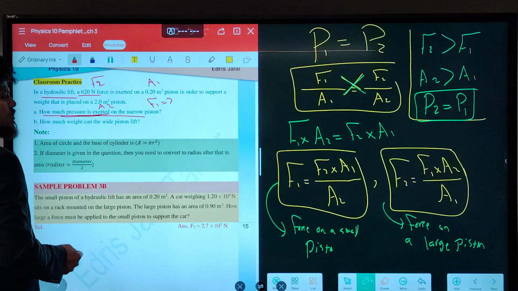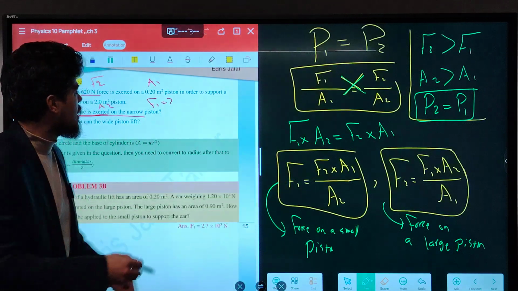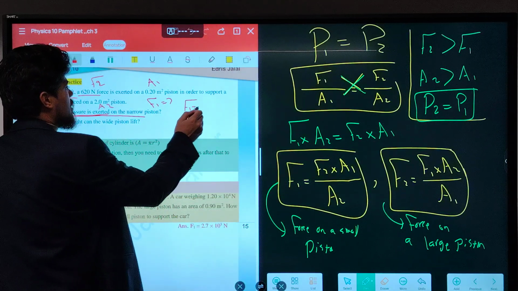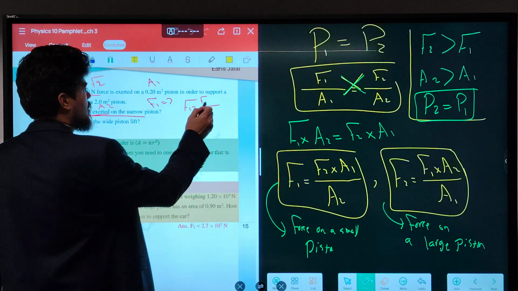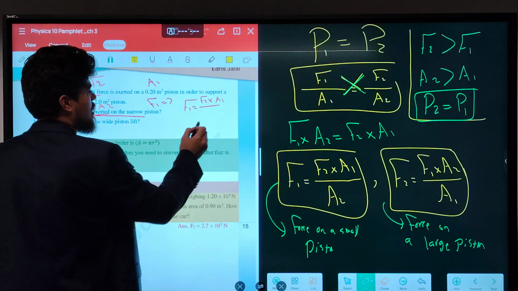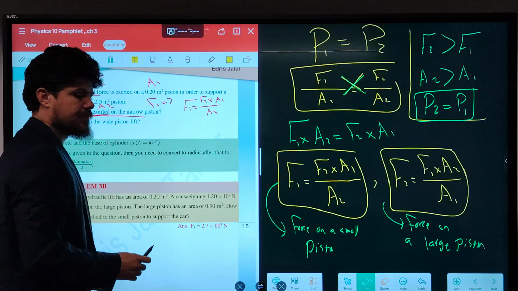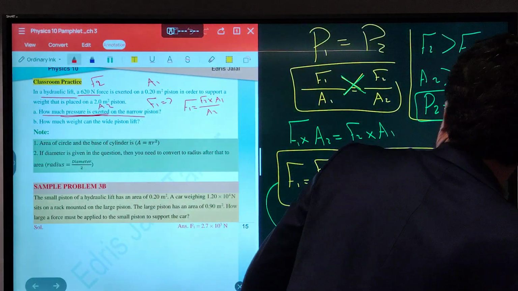F1 is unknown, guys. Which equation can be used to determine F1? This one. F1 is equal to F2 times A1 over A2. Look, do we have F2?